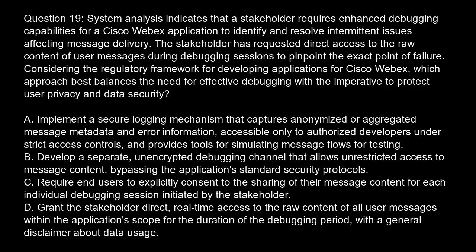Option C. Require end users to explicitly consent to the sharing of their message content for each individual debugging session initiated by the stakeholder. Option D. Grant the stakeholder direct, real-time access to the raw content of all user messages within the application's scope for the duration of the debugging period, with a general disclaimer about data usage.